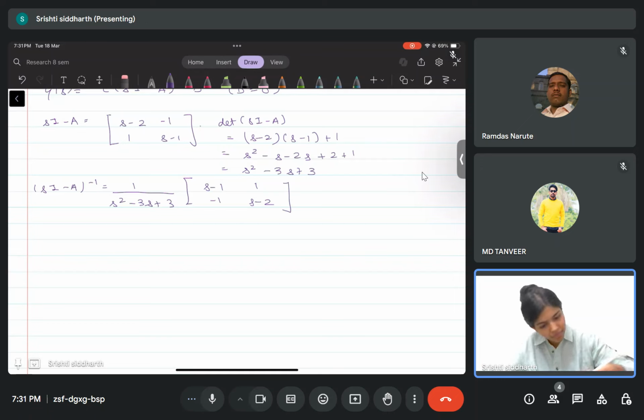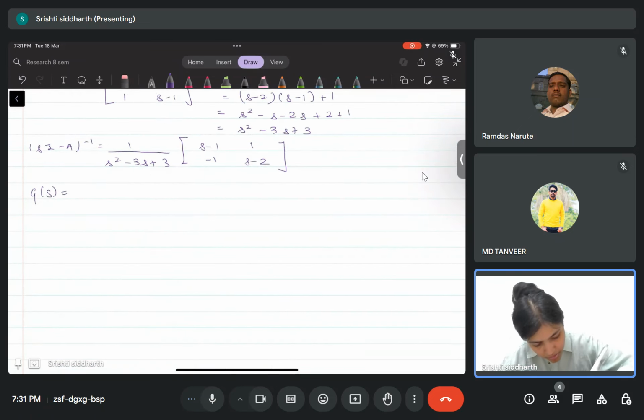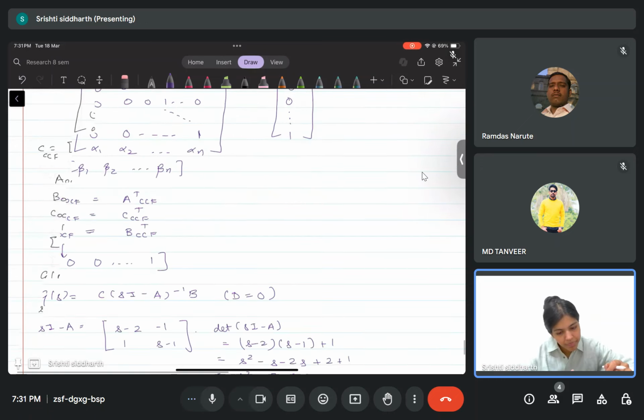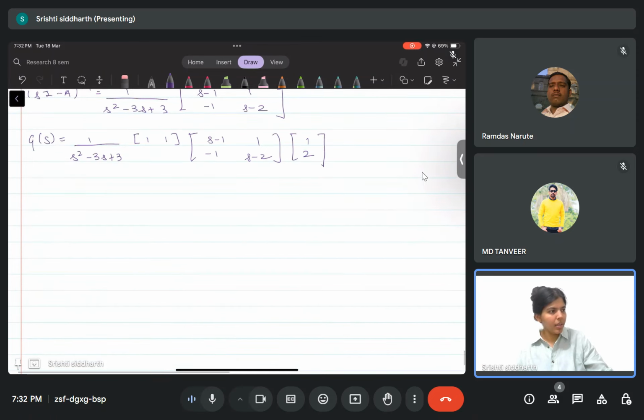Alright. So G(s) is C times this, times B as 1. Alright, so you can calculate this. I'm going to write this down directly. This is 3s minus 6 over s squared minus 3s plus 3.